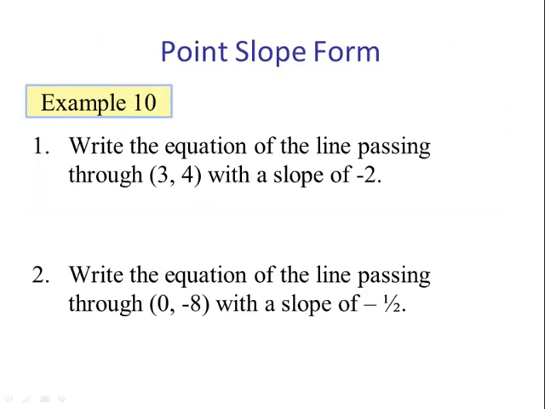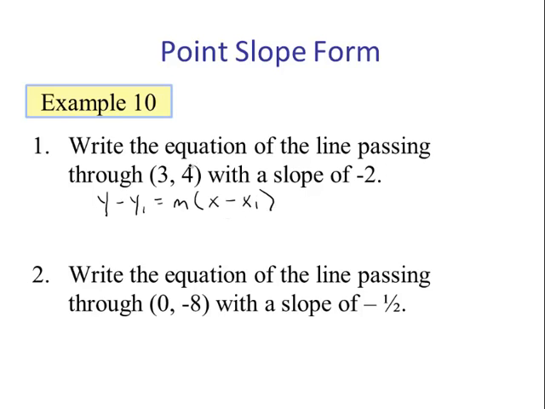Example 10. Write the equation of the line passing through the point 3, 4 with the slope of 2. Number 2. Write the equation of the line passing through 0, negative 8 with a slope of negative 1/2. So the point-slope form is y minus y sub 1 equals m times x minus x sub 1.